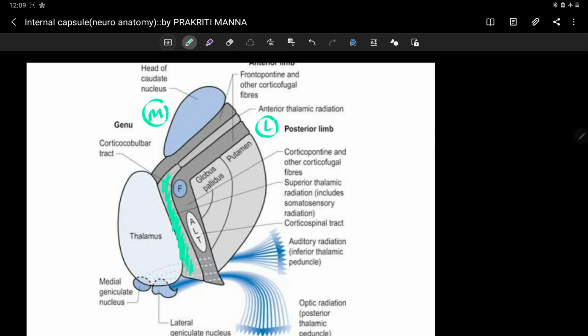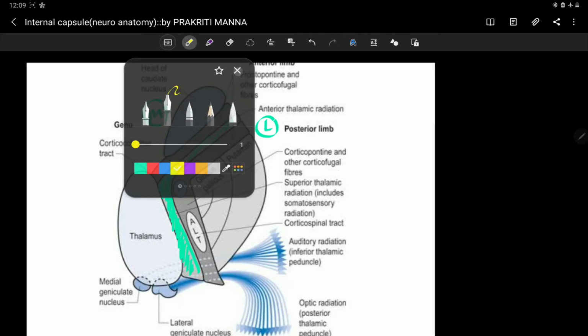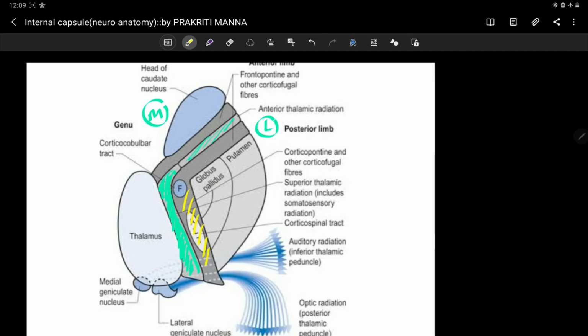This is the general arrangement of the sensory fibers, which are more medially arranged. And the motor fibers you can see here are generally more laterally placed.